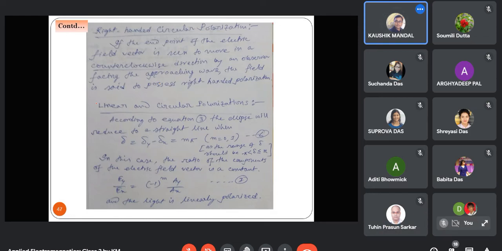Now, from the general expression, that is from equation 3, as I mentioned, the elliptical polarization is the general case. From this general representation, you can find out the condition for linear polarization, as well as the case of circular polarization.